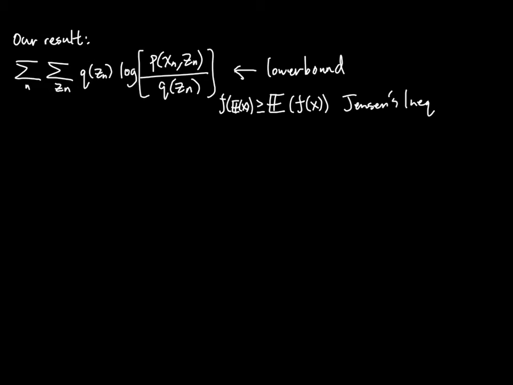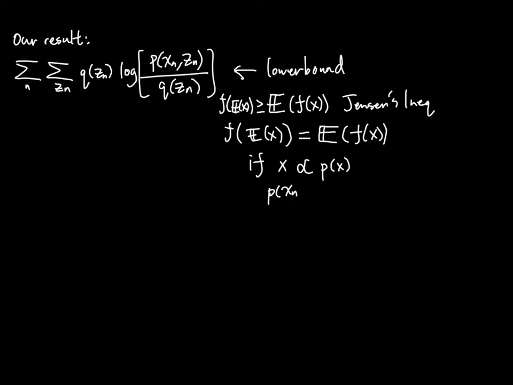We just need to say that f of E of x will equal E of f of x if x is proportional to P of x. And proportionality just means that this P of xn, zn is going to be proportional to Q of zn.